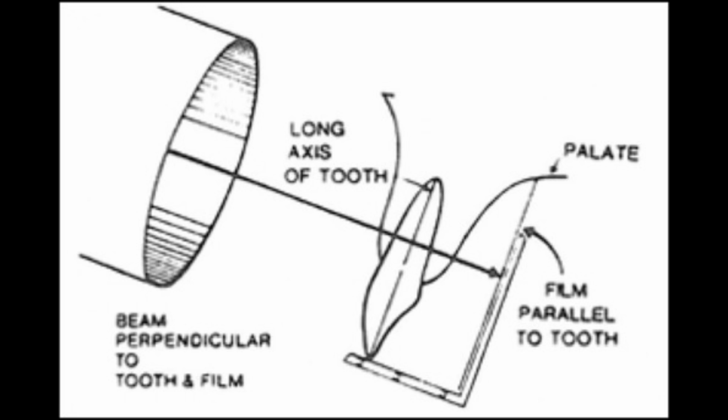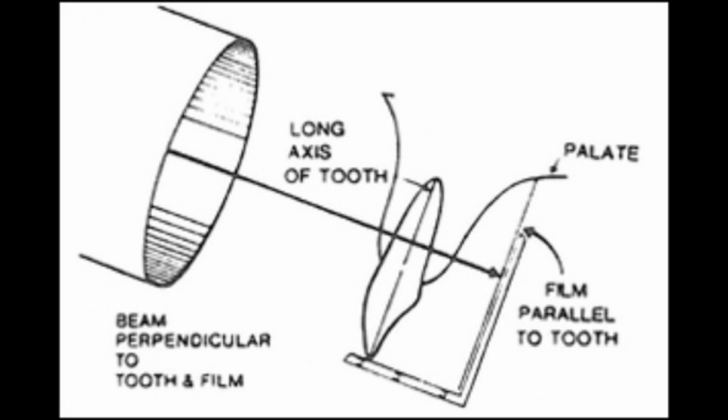You want to try to catch the actual size of the tooth in the image. And we do this by the paralleling technique. So we want the film, or it says film on there, but in this case sensor, to be next to the tooth, but not necessarily touching it, and parallel, meaning exactly lined up with the long axis of the tooth.